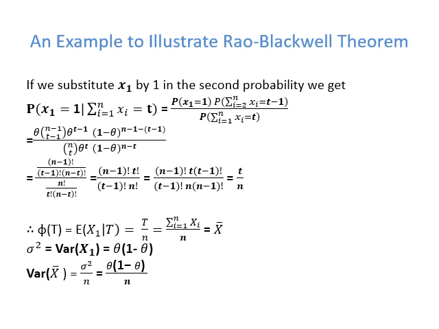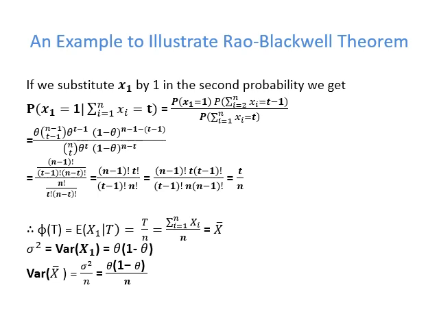We are going to replace x1 by 1. After that we are going to take this 1 to the other side. So the second event in the numerator will be summation xi from i equal 2 to n equal t minus 1.